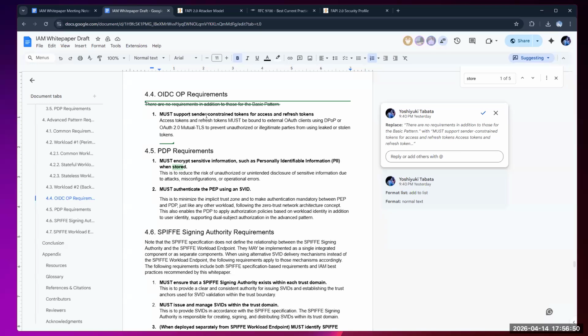So how do we implement sender constraint with SPIFFE? And so, we should keep just this expression, I think, as the better way.